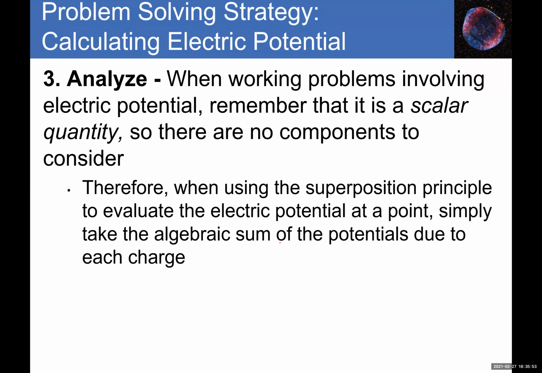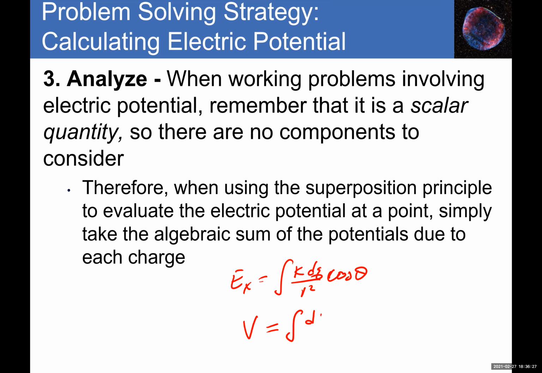All right, so when working problems involving electric potential, remember it is a scalar quantity. So there are no components to consider, which makes the expression much simpler. Because before, for example, for the x component, it was the integral of k dq over r squared, and then we would have had cosine theta or sine theta, whereas for potential there is no such thing as a component.